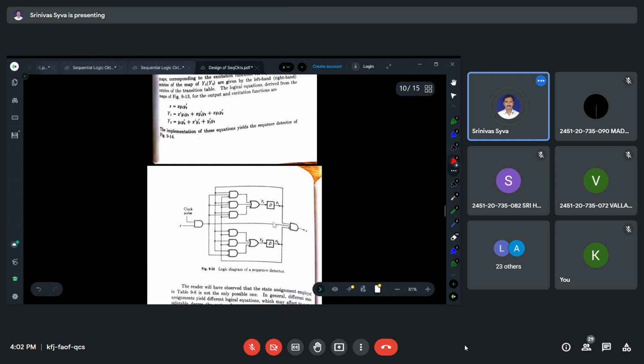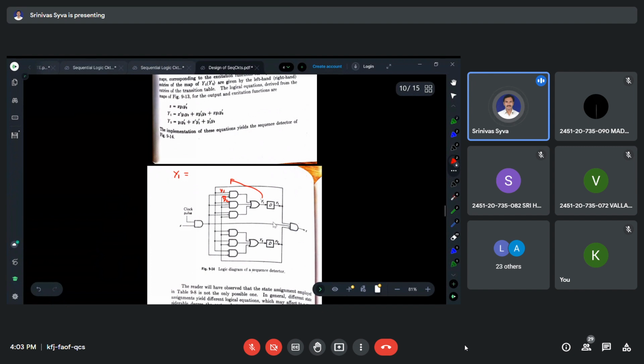this y1 here, whatever is there, that's y1. See, how was this written? This is y1 here. Again, here it is written y2 bar.